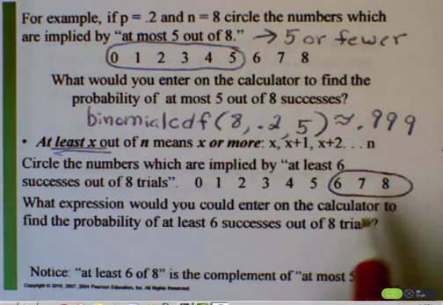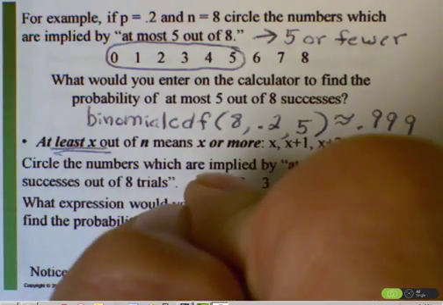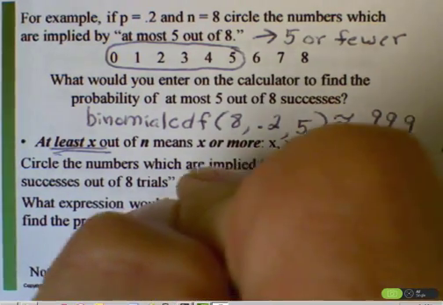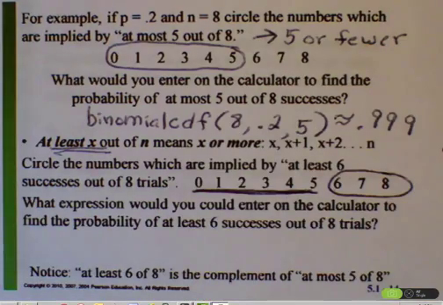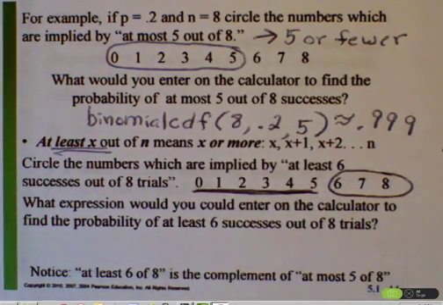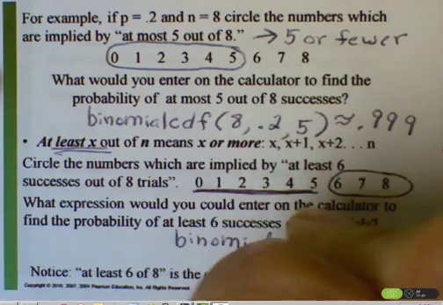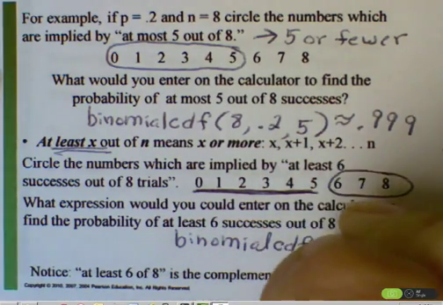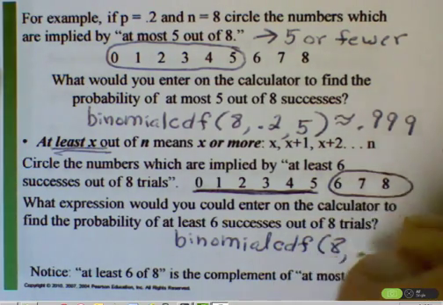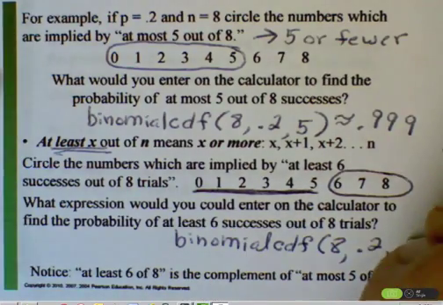Well, notice that if at least 6 means 6, 7, or 8, the complement of that is 0 through 5, and that is what the calculator will find for me. I can find the probability of 0 through 5 by using binomial CDF, out of 8 trials, each trial having a probability of 0.2. What's the probability of at most 5?